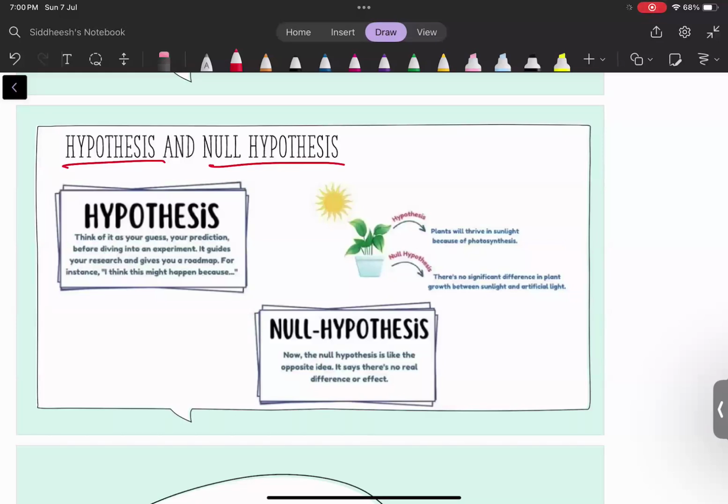Now suppose I tell you this plant will grow in the presence of sunlight. This is my hypothesis, this is what I need to prove, correct? But I found out that whether I give my plant artificial light or sunlight, there is no difference in the height or the growth of the plant. That is my null hypothesis, correct? So what is your hypothesis? What you are initially planning.